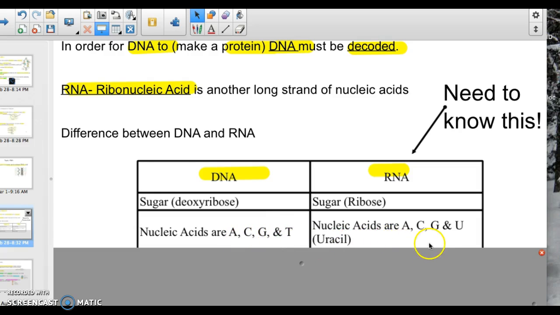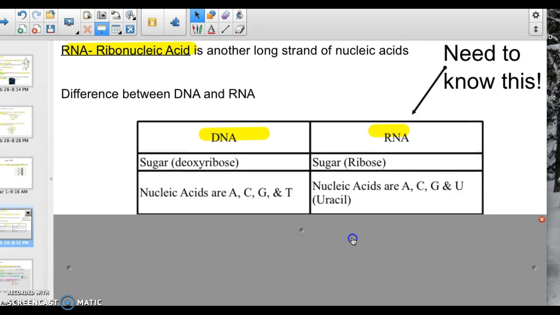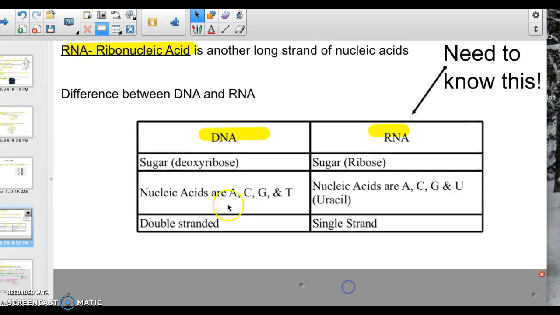In RNA, though, we have adenine, cytosine, and guanine, but we don't have thymine anymore. In RNA, we use something called uracil in place of thymine. And then DNA is a double-stranded helix shape. In RNA, it's actually only single-stranded.